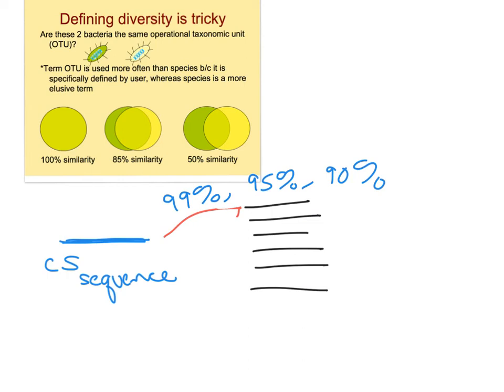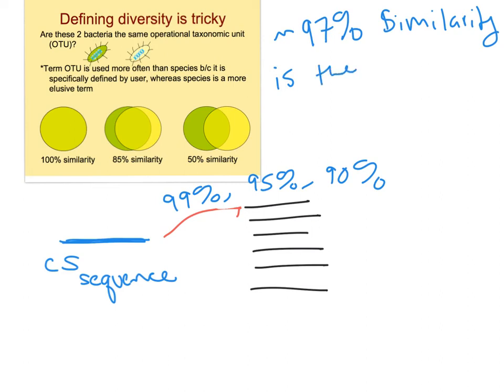So, what is the same species? Well, what people have decided by doing a large number of studies comparing different genomes is that about 97% identity, or let's just say similarity, is the same, and we're going to put this in quotes, species.